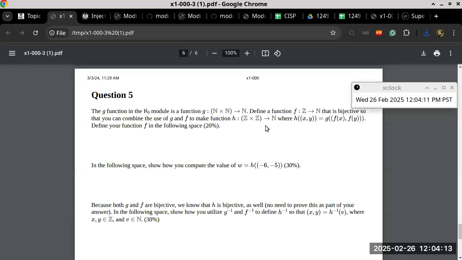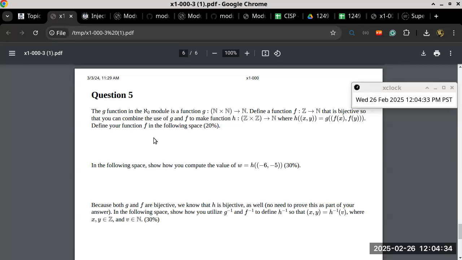So I give you the actual definition of h. H of x, y as a two tuple is going to be the g of f of x, f of y, and then that forms a two tuple. Do we have any questions up to reading this part?